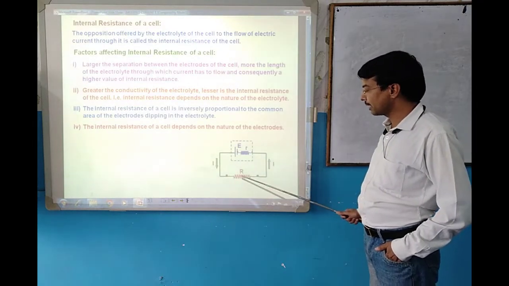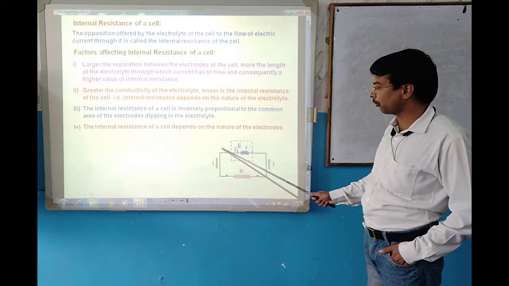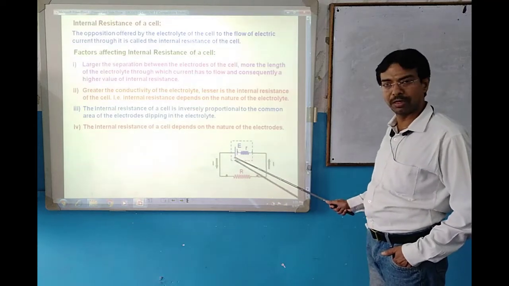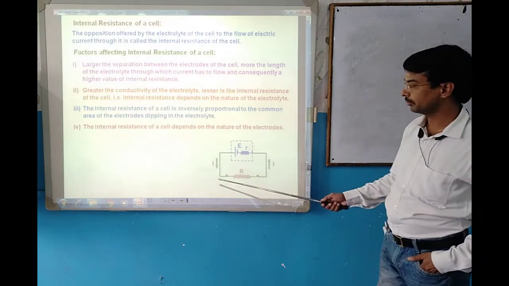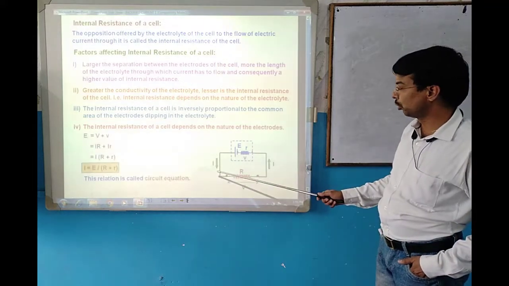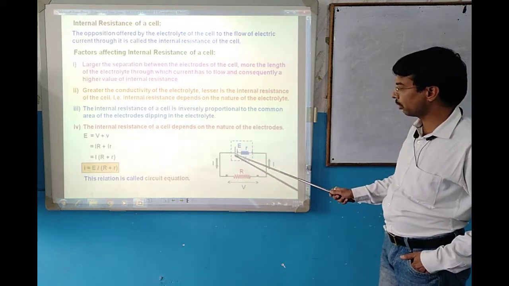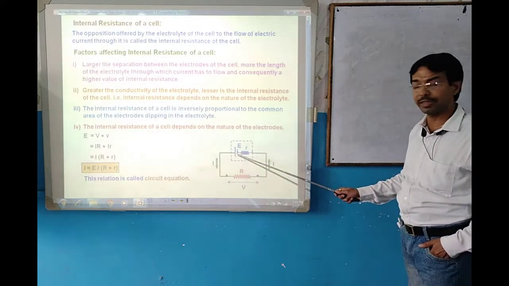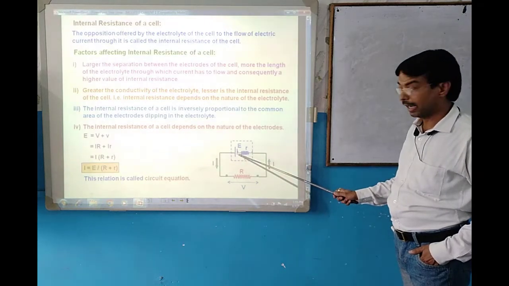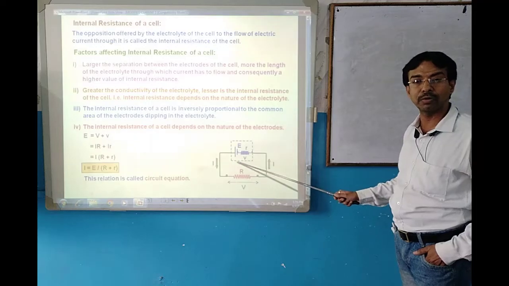And here capital R is the external resistance, and current is drawn from the positive terminal, releasing and entering the negative terminal. In that condition, you know very well, EMF is based upon the terminal potential difference between the electrodes of the cell as well as the loss of potential energy inside that cell.